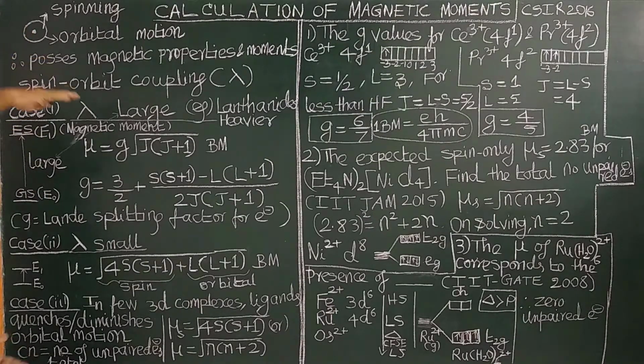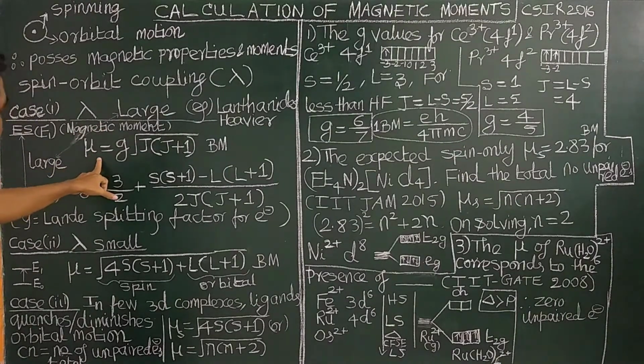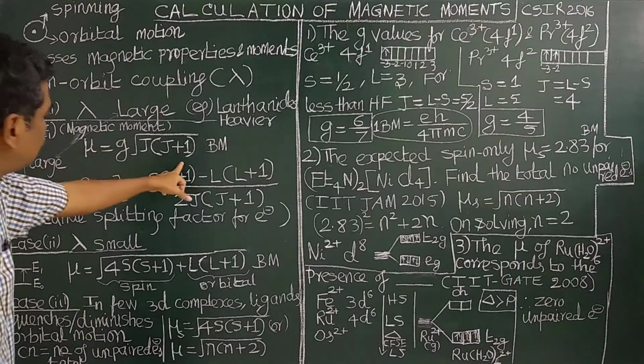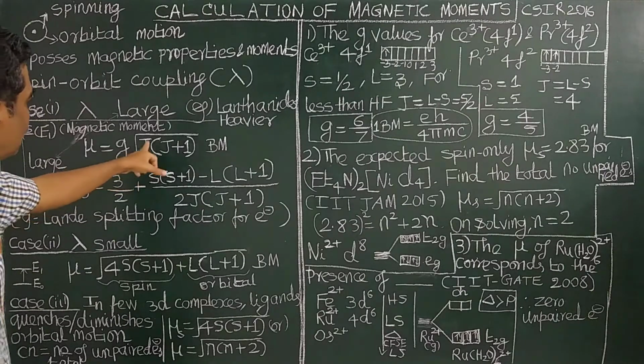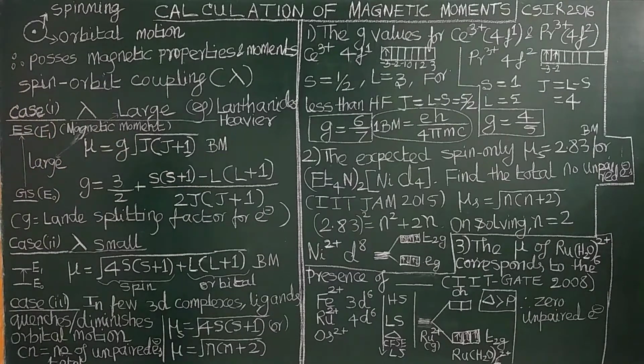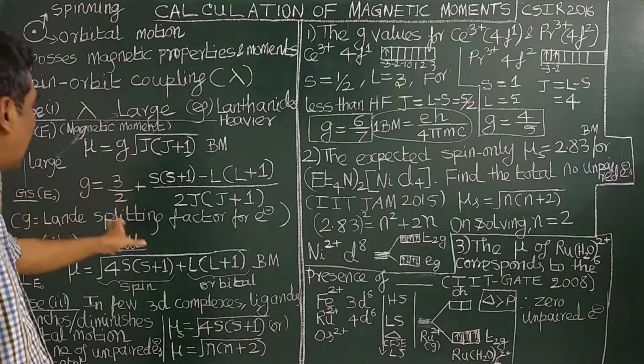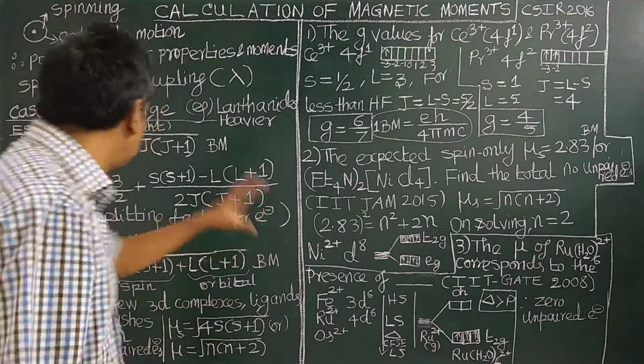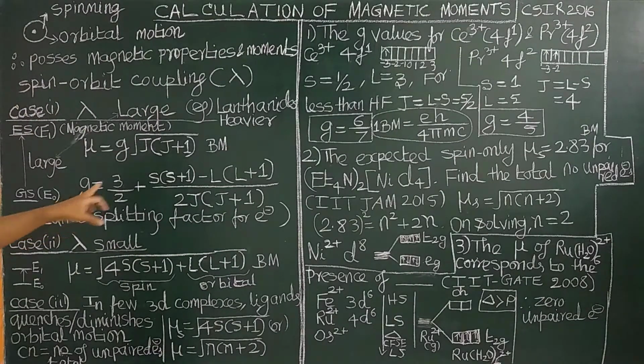When the spin orbit coupling is large, the energy difference between the ground state and excited state is very large. Therefore, the magnetic moment is calculated using this formula: mu equals g square root of j into j plus 1 Bohr magneton, where g is the Lande splitting factor, or g factor for electron, and j is the resultant total angular momentum quantum number. We have seen this in LS coupling, please see the previous videos.